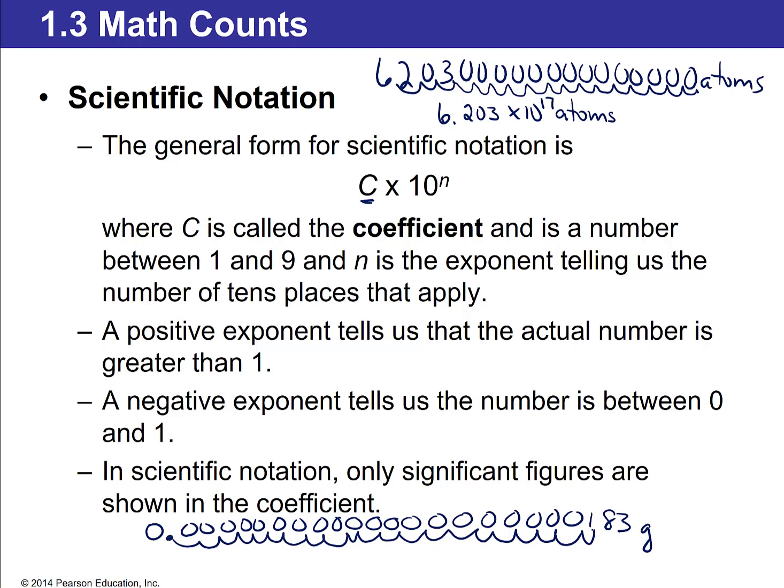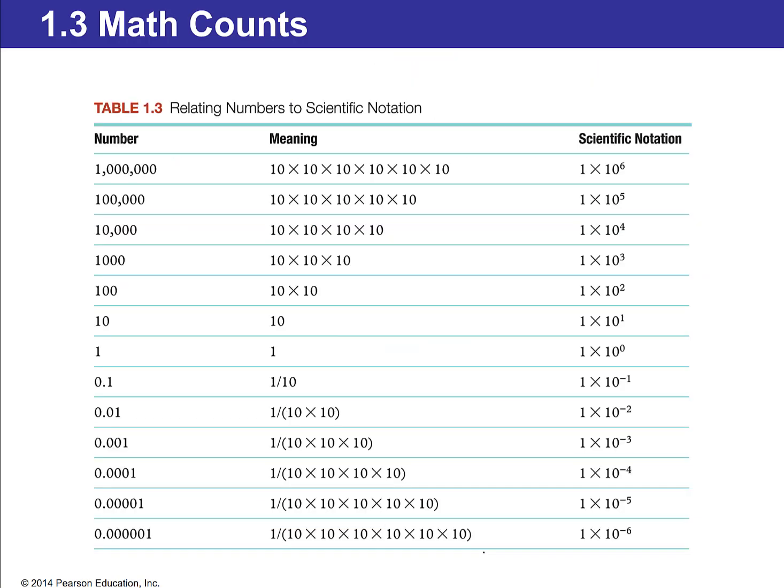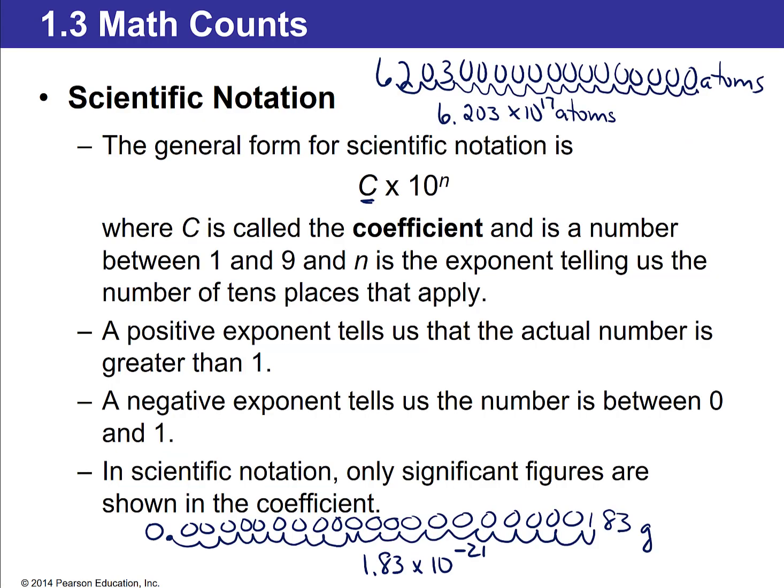Okay, so there's 20 zeros in front of the 183. So this would be 1.83 times 10 to the negative 21. So a negative exponent indicates it's a very small number. A positive exponent indicates it's a very large number. See the difference between them.